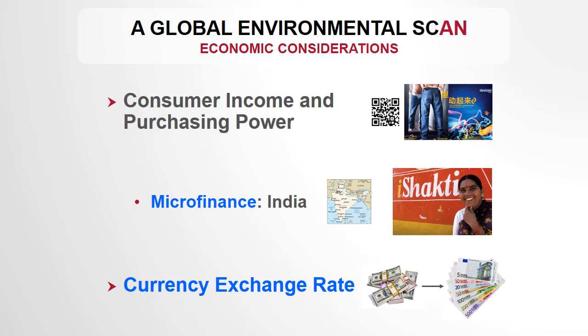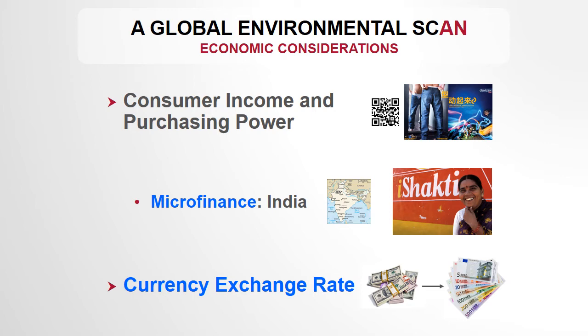As an example, the currency exchange rate between the U.S. and the euro, a year and a half ago, it was $1.30 of U.S. for 1 euro, and today it is around $1.10 for 1 euro, which means that the value of the euro and the dollar have come very close to each other when they were before very far apart. Now, the benefit of having your currency undervalued is it makes your country's goods cheaper in that country.